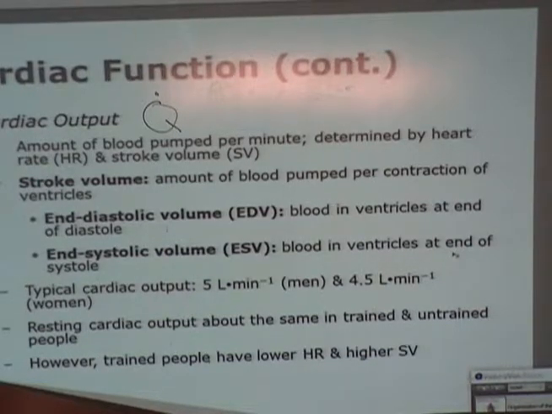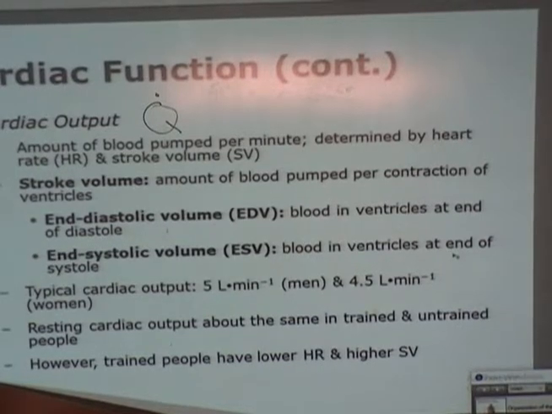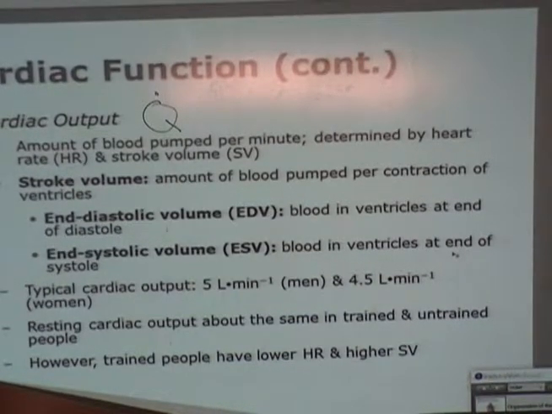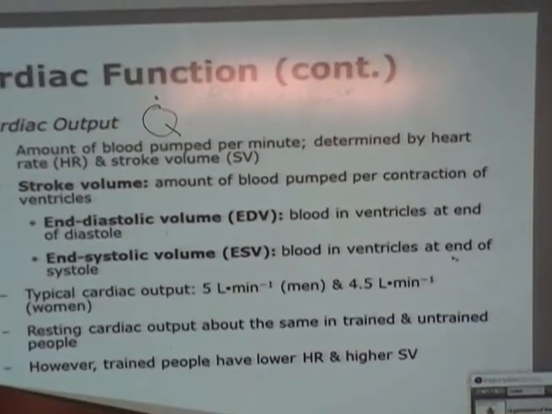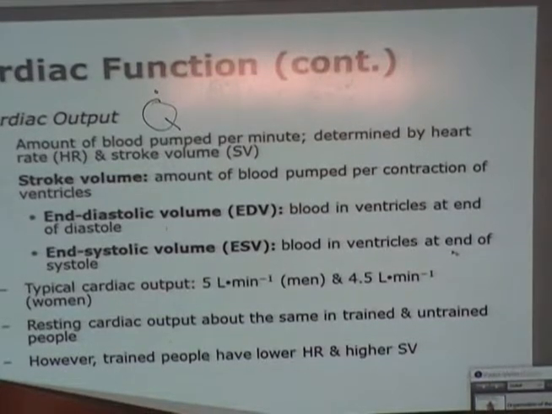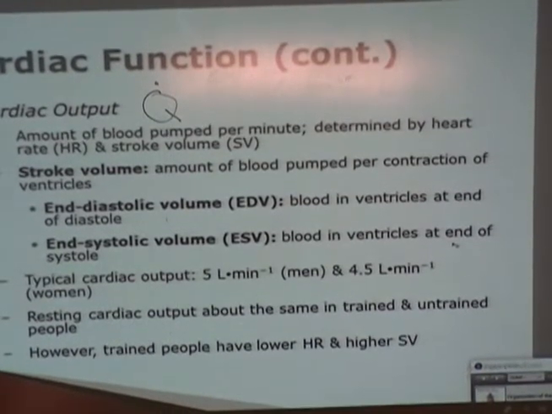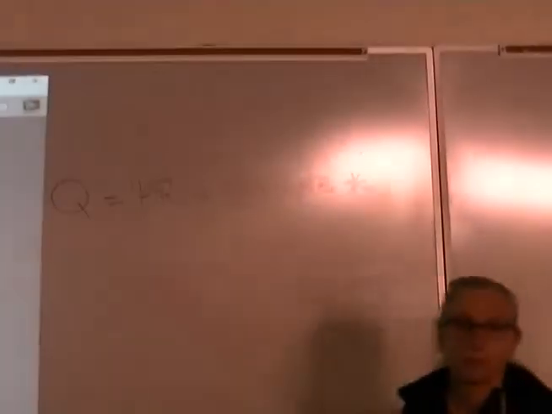So I can calculate that if I know what my heart rate per minute is and how much blood is pushed out per beat. Okay? So the equation: Q equals heart rate times stroke volume.